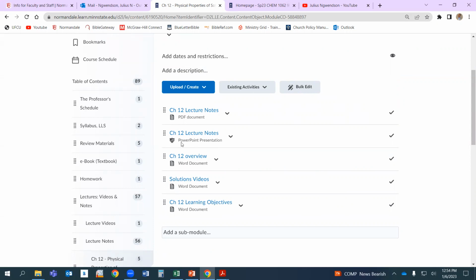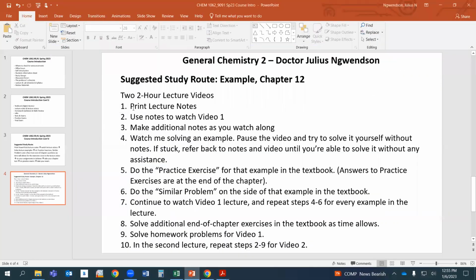You can adjust the number of slides to be printed on each paper. Maybe you can print 2 slides so that it gives you space to make additional notes and things like that. Or you can print 4 slides on a sheet of paper depending on you. You can test it and see what really works for you. So now you print the lecture notes.